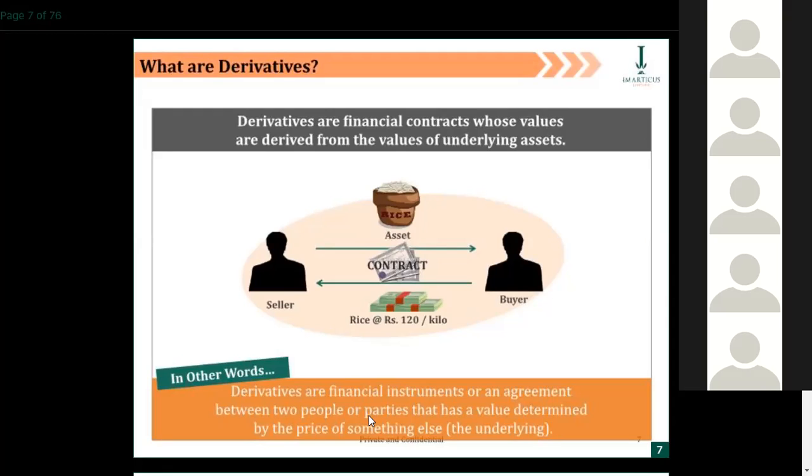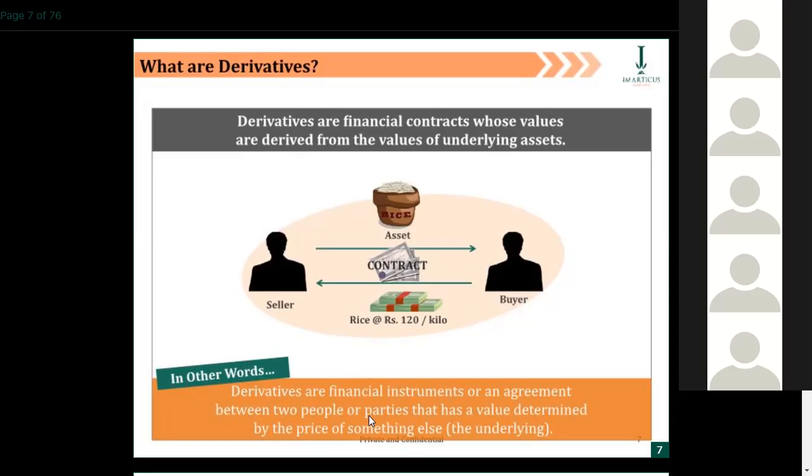The reason the buyer is doing this contract is because the buyer does not want to have the uncertainty of buying something at a higher price than what it is available at today. There could be many reasons for that, because it is a risk to the buyer. The buyer does not want to remain in this uncertainty where the total expense increases on the buyer's side. So the buyer wants to ensure the expense does not go up.